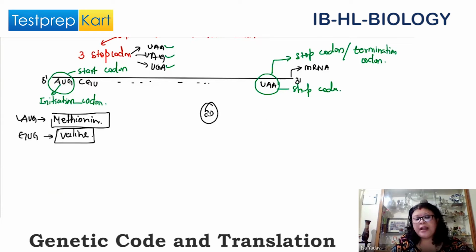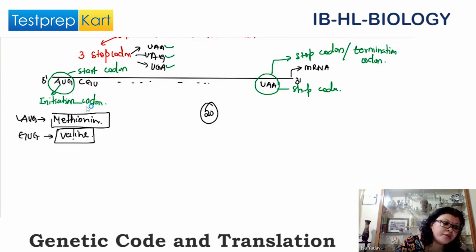Now, all 20 amino acids will each be coded by different triplet codons. Suppose AUG codes for methionine. Then AUG cannot also code for valine. AUG for methionine means only for methionine.